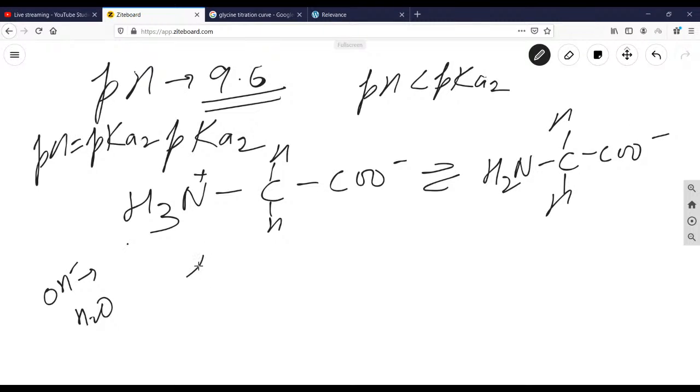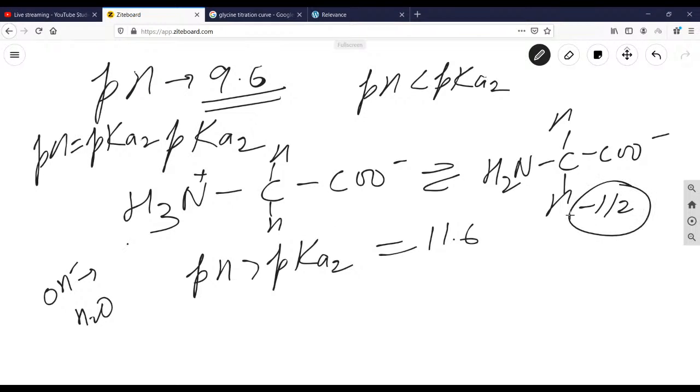And when pH exceeds pKa2, suppose you reach 11.6, a very, very high pH, a lot of OH minus is there. Now what is the charge here? This is 0, this is -1, so the charge is -half here. At pKa2, the charge is -half as per the NEET examination.